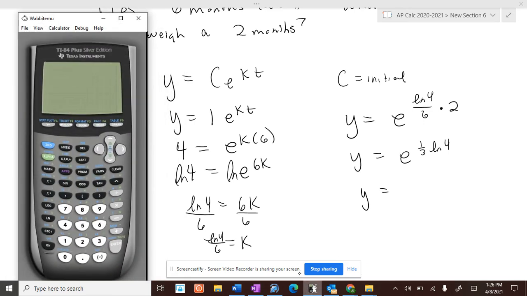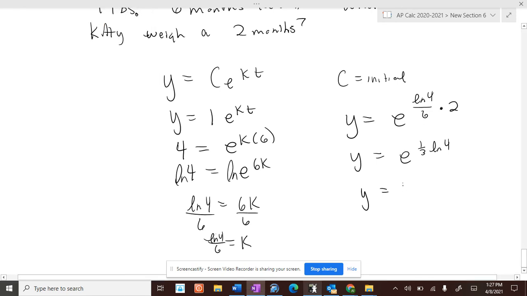Oh, so we're talking about house cats. So if we take e to the 1/3 ln of 4, it weighed 1.587 pounds.